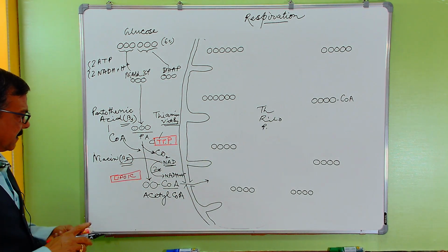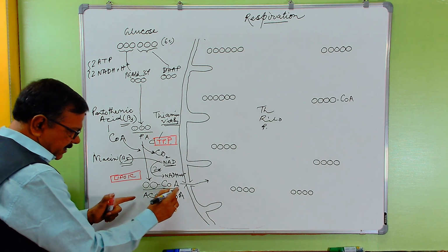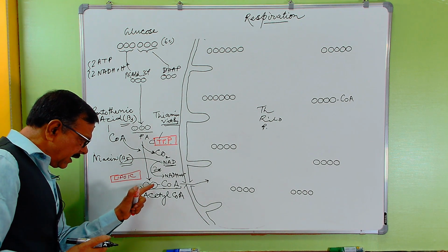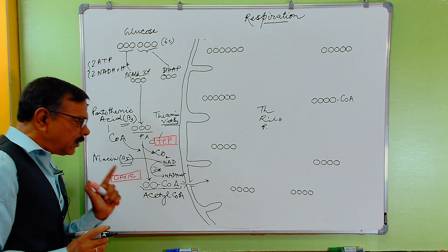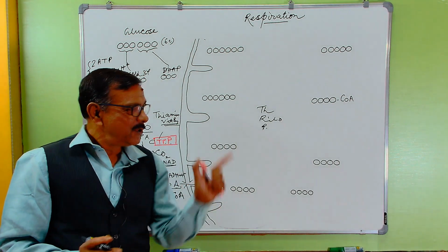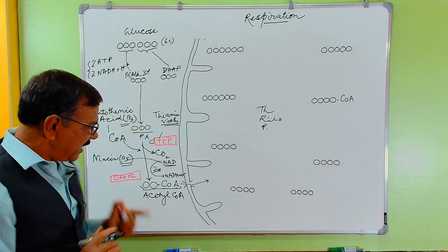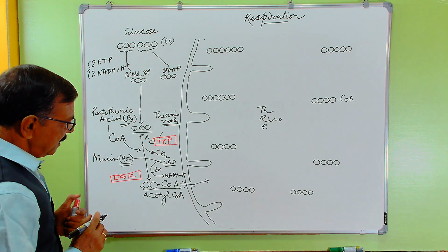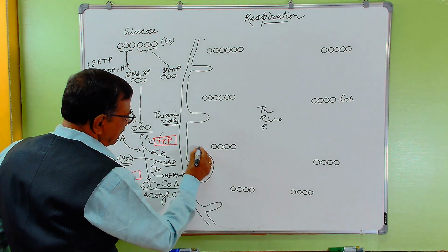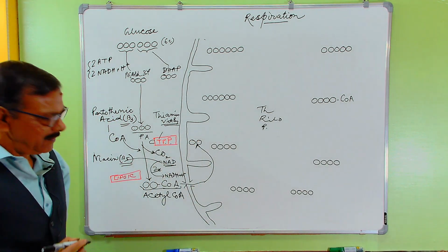So here what happens? Once it is produced, it is a good packers and movers. With the help of the carrier, they are taking these 2 carbon inside the mitochondria. In the mitochondria, these 2 carbon enter.